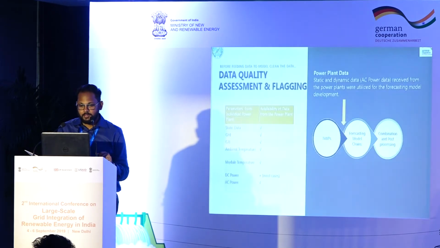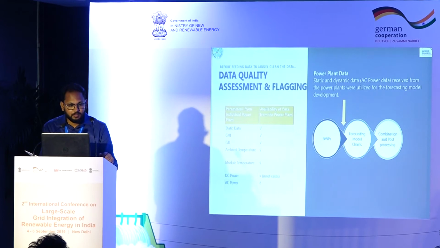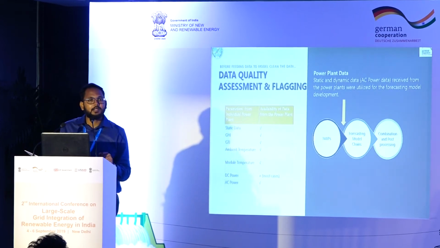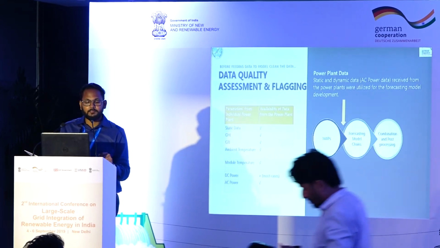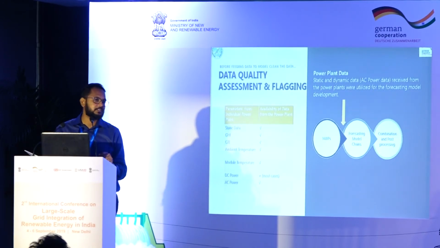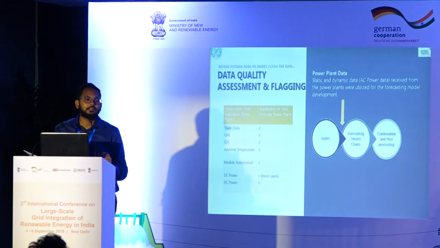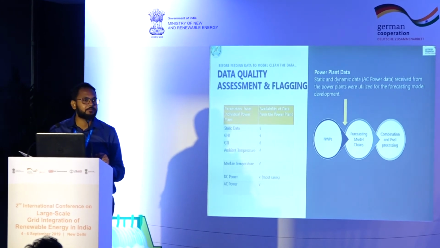After this, the next big thing which will affect our solar power forecasting model chain is the data quality. For the individual power plant we are working with, we got almost all data, but the DC power link was missing. In most places we found that SLDCs and regional load dispatch centers have not signed any agreement with the individual power plants for the transmission of DC power data.